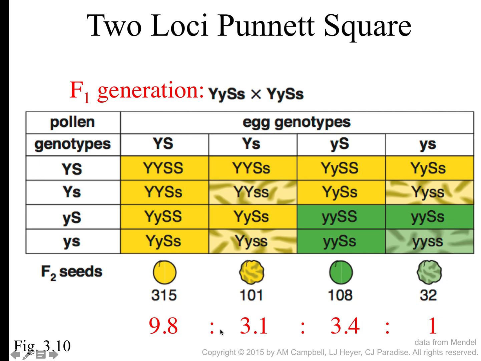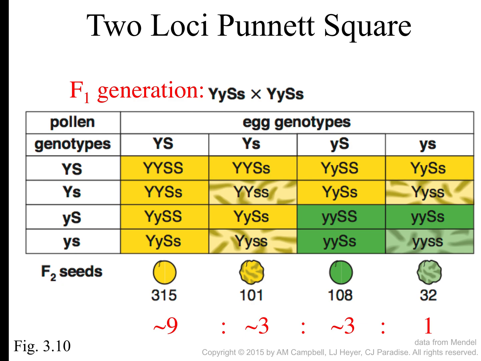If we figure out the ratio for these, it's 9.8 to 3 to 3.4 to 1. If we round these numbers, it comes out to 9 to 3 to 3 to 1. Now, 9.8 you wouldn't say rounds to 9, but 9 to 3 to 3 to 1 is the theoretical ratio of what you would get from this combination of gametes.